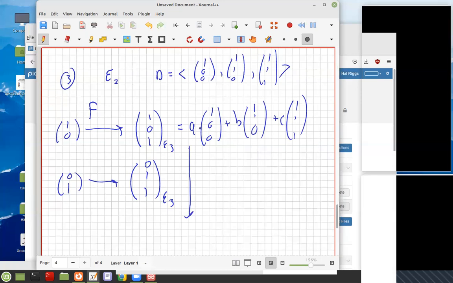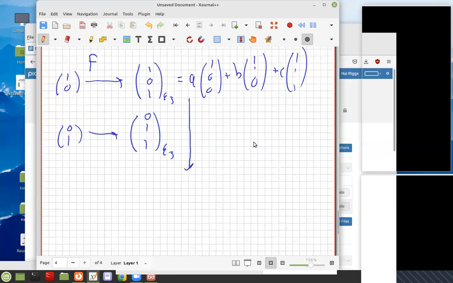Okay, so this is like a linear system. Actually, if you look at it, it's going to be a linear system in which the augmented matrix is going to be 1, 0, 0, 1, 1, 0, and 1, 1, 1, 1, 0, 1.